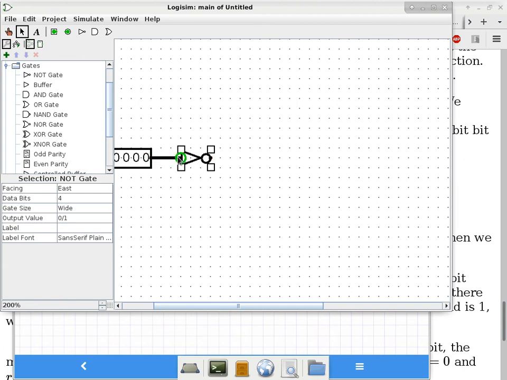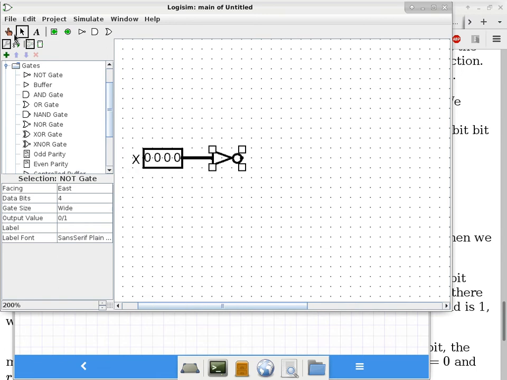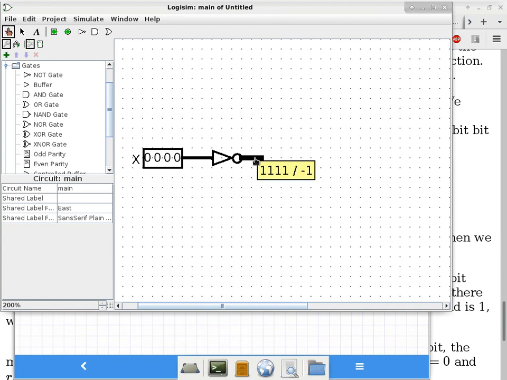There we go. All right, so you can test this already, okay? In case you haven't noticed, you can actually use the poke tool to click on something to find out what the value is. So if you click here, oh, I guess you have to make it a wire first. Okay, so we'll make a short wire like that, and now it should work. So if you click on the wire, it tells you what the bit pattern is.